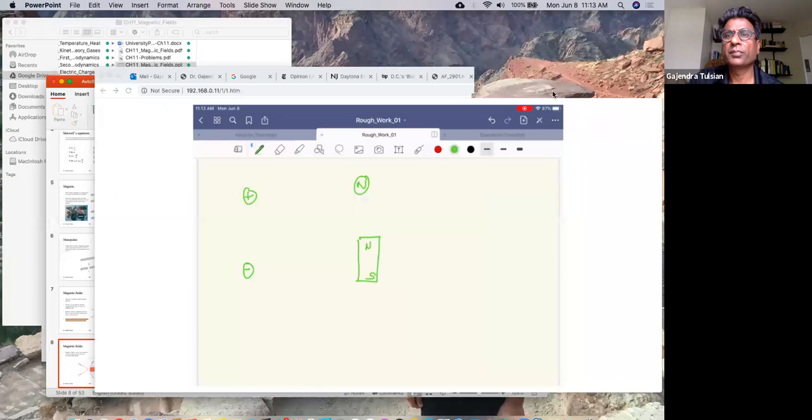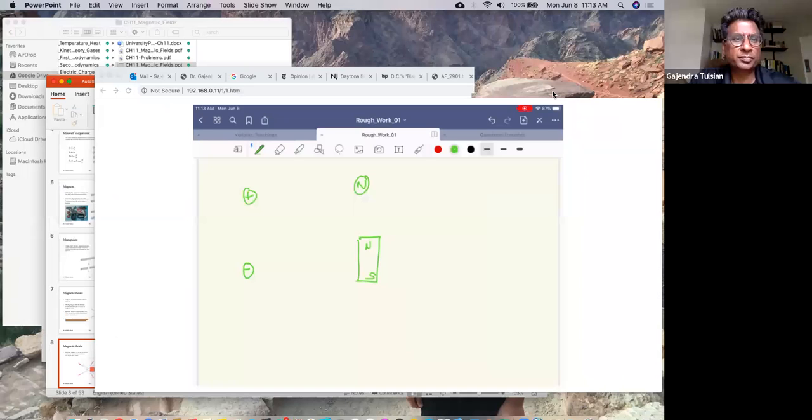So, for instance, if I bring this pole, the south pole is attracted to the north pole.